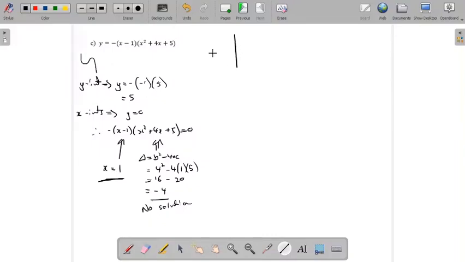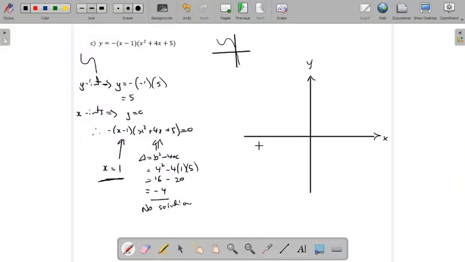One x-intercept means that the graph can look like that, or it's going to have this sort of thing where there's only this one point where it intersects the x-axis. So let's have a look at graphing this particular one. Okay, we know that it passes through the x-axis at 1, and we know also that it passes through the y-axis at 5.